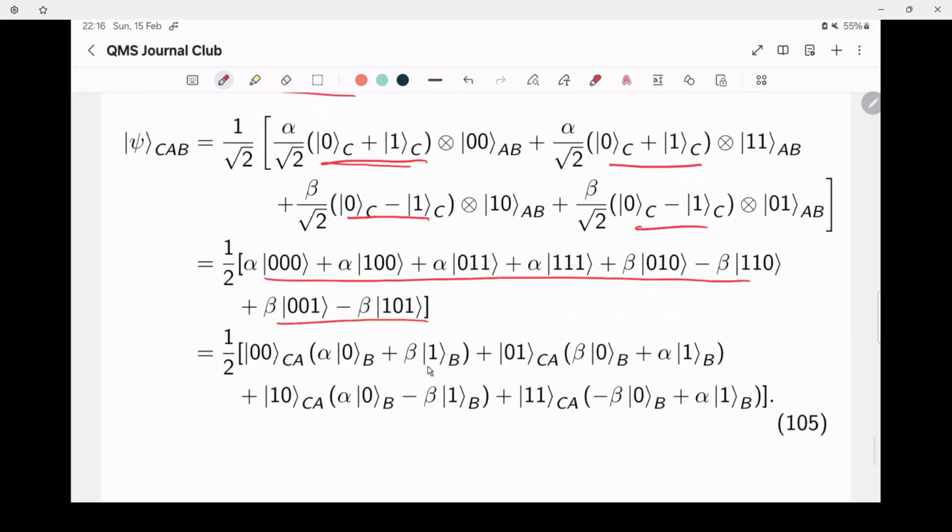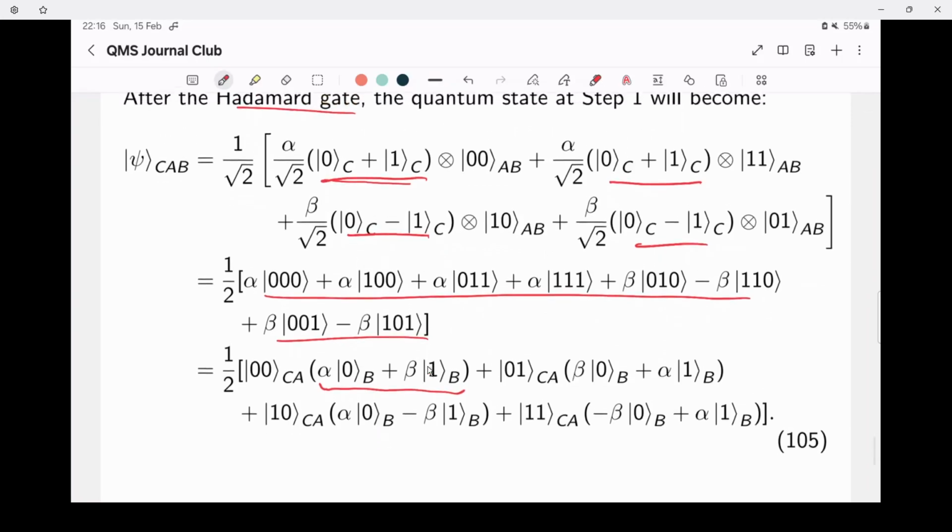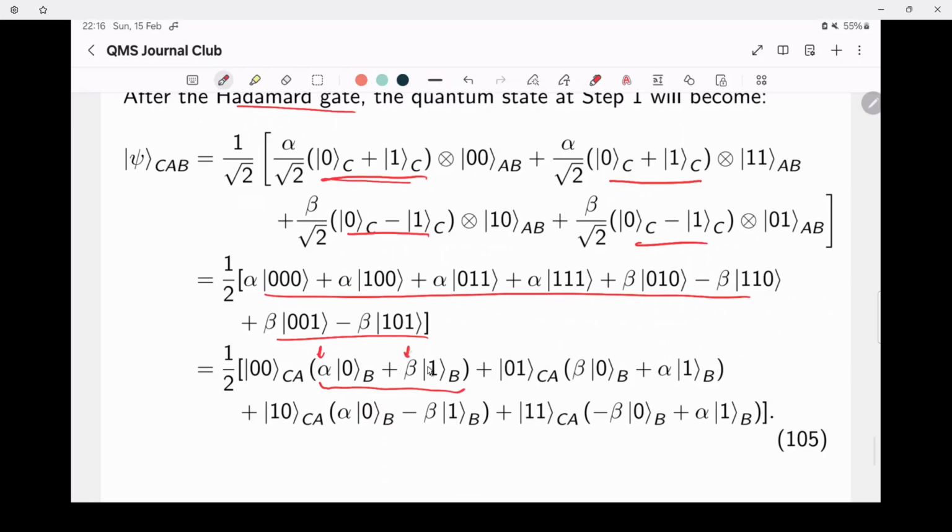After that, what you need to do is to focus on Bob's qubit. You try to write down Bob's qubit in terms of a combination of alpha terms and the beta terms. The reason why you do this is because eventually you will realize that your qubits from Alice, C and A, so these are the qubits that Alice can access, will become 0, 0, 0, 1, 1, 0, and 1, 1.